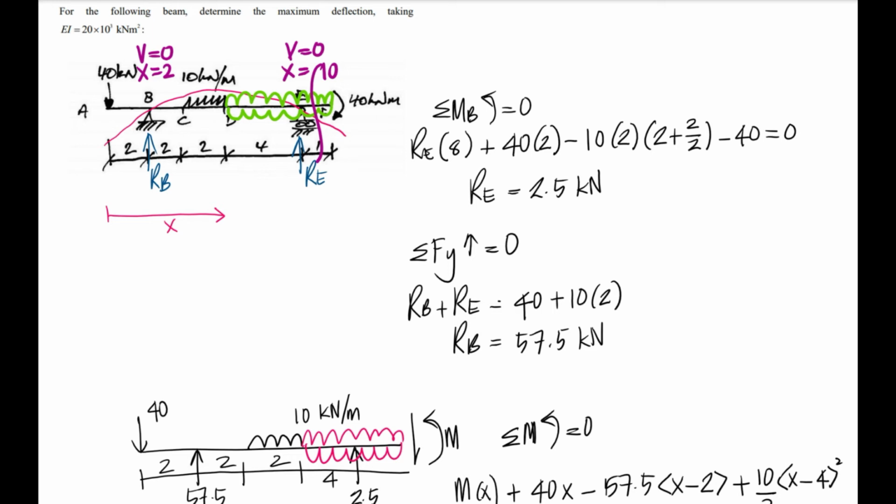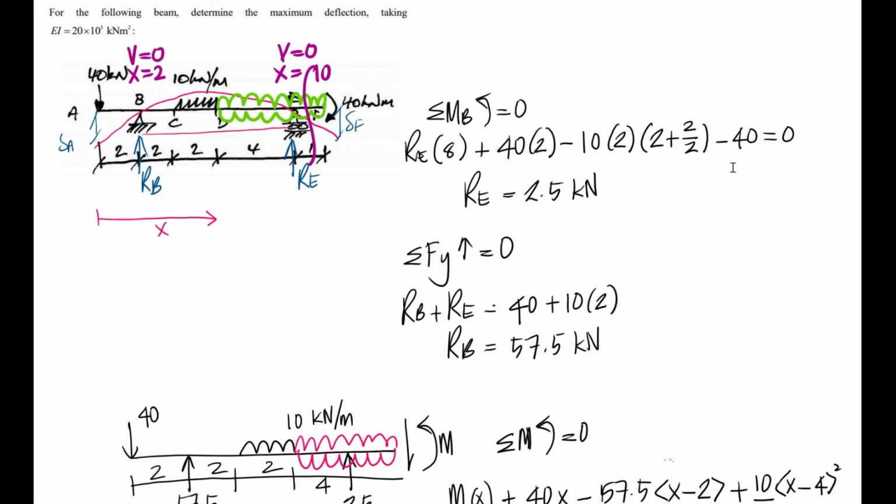The overall maximum deflection will be the biggest of point A, and then point F, delta F, delta A, and then it can be the deflection between point B and point E. So we don't know where is the location of deflection between B and E. We start to find the deflection between B and E.